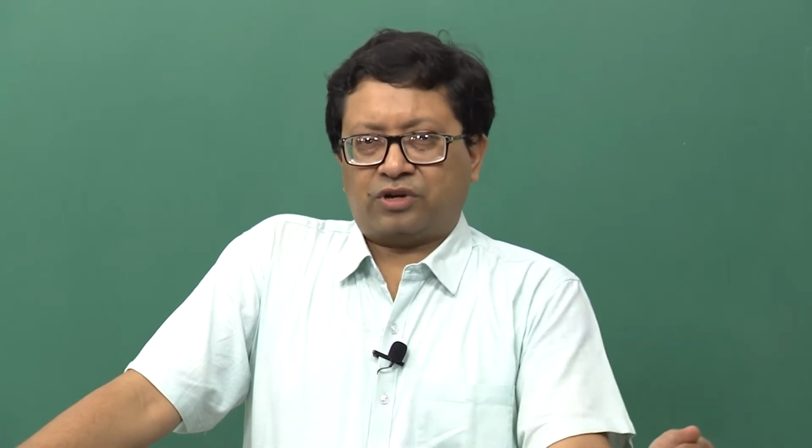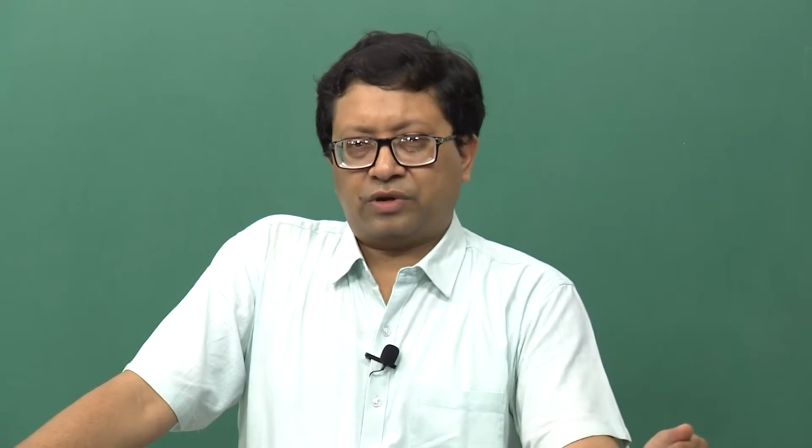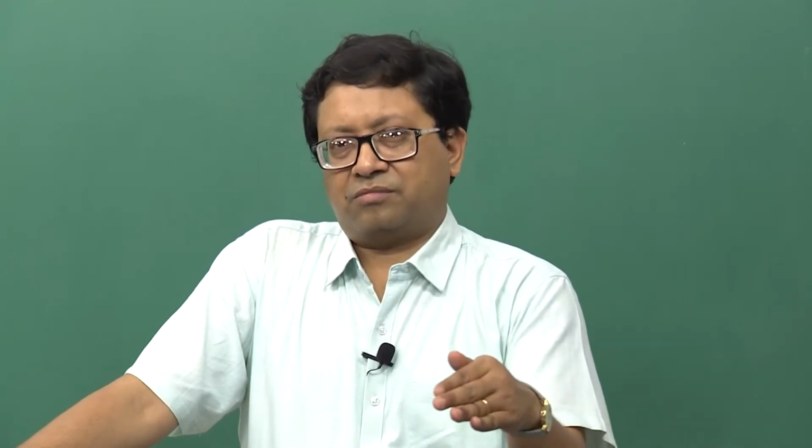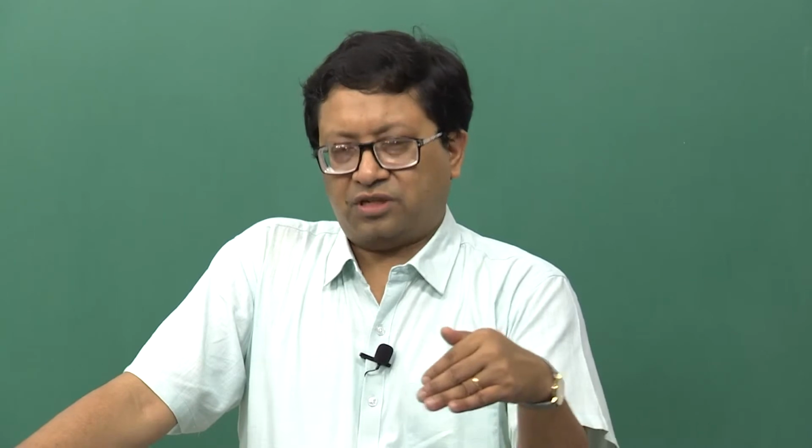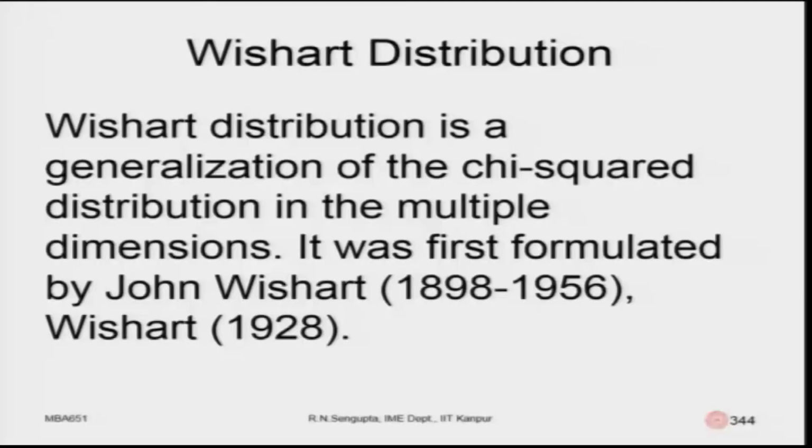Initially you had the univariate chi-square, now I am going to discuss the multivariate chi-square, which is the Wishart distribution. The Wishart distribution is a generalization of the chi-square distribution in the multi-dimensional case. It was first formulated by John Wishart.